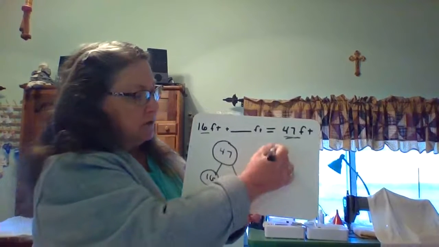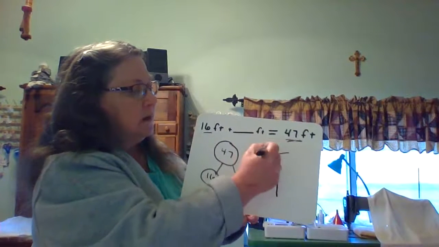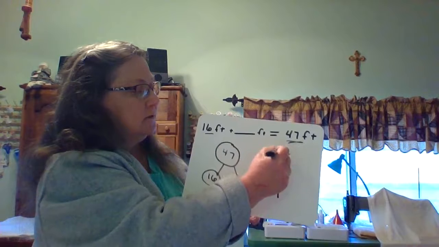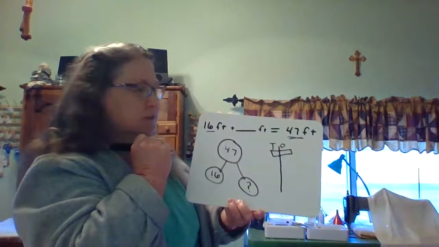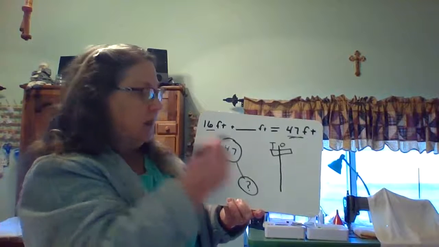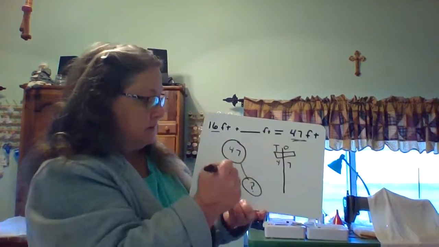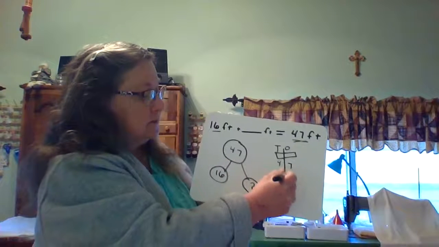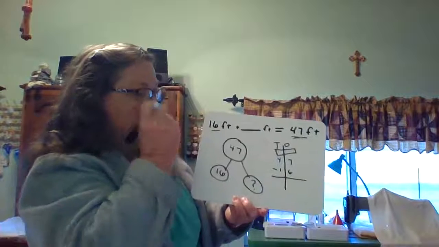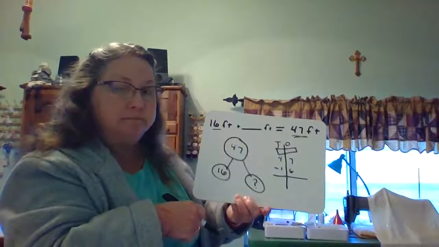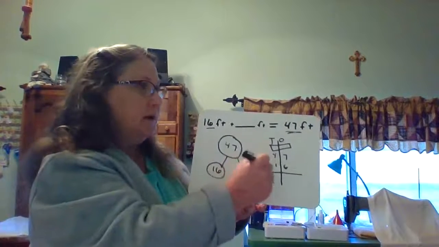So I'm just going to draw me a T. And we have our 10s, our 1s, and we have our box, just like any other T. And I'm going to put 47 minus 16 from my number bond into my T. And then I can subtract. 7 minus 6.